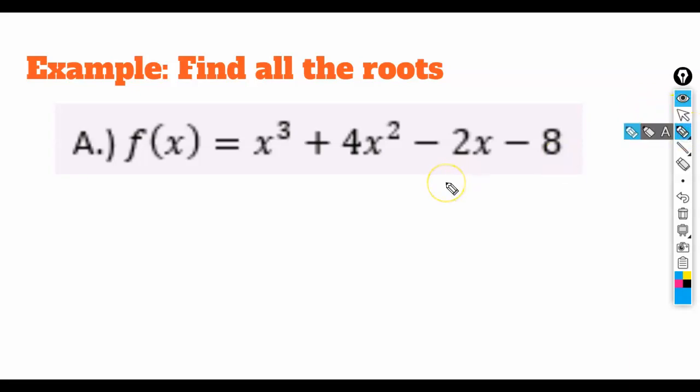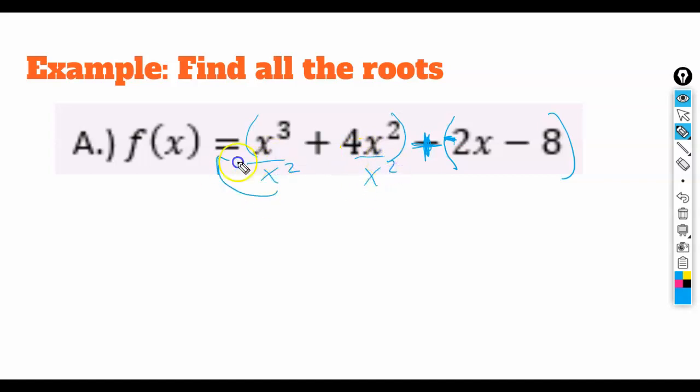Let's take a look at what this would look like. So if I group my first 2, and remember, we always want the negative to stay with the number, so I'm going to make this plus the negative so that when I group it, it stays with that number. And when I look at the first 2, it looks like they have x squared in common.